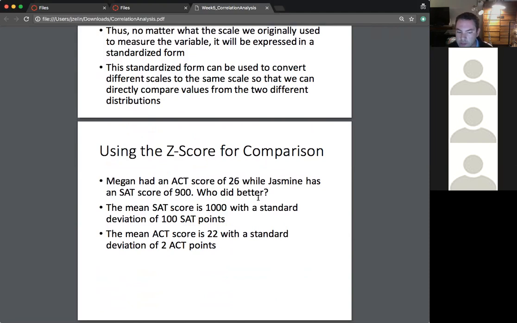So really what it's doing is it's standardizing our data, but it's also maintaining that relationship between the data. It's a linear transformation, so that means that the order is preserved and the distribution of that data set is still preserved. Does that make sense?